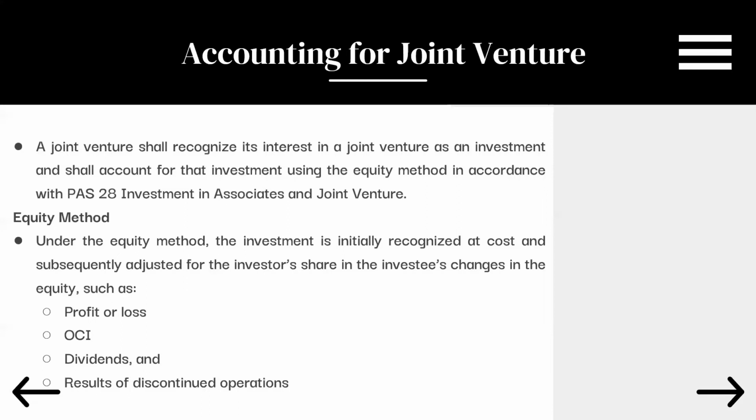So, equity method. Equity method is initially recognized at cost and subsequently adjusted for the investor's share in the investee's changes in equity. Saan siya may share? Sa profit or loss, sa OCI, sa dividends, and then may result of discontinued operation.